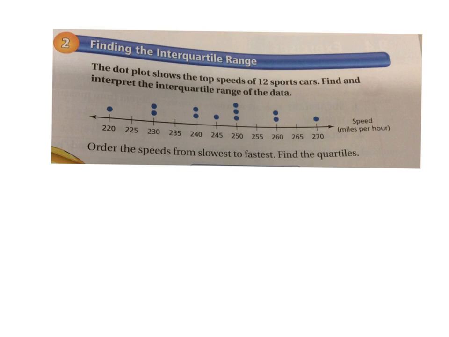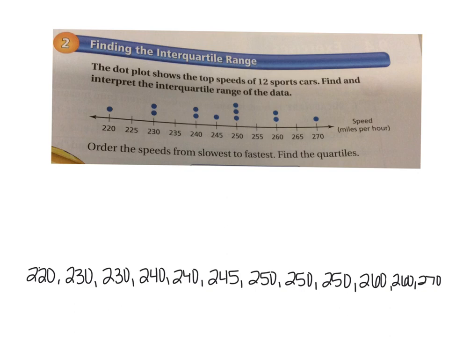Okay, so in this example, we have a dot plot, and the dot plot is showing us the top speeds of 12 sports cars. We're going to find and interpret the interquartile range of this data. To do that, the first thing we need to do is order the speeds from slowest to fastest, then we'll find the quartiles. So I've ordered my data from least to greatest, and I need to find the median first.